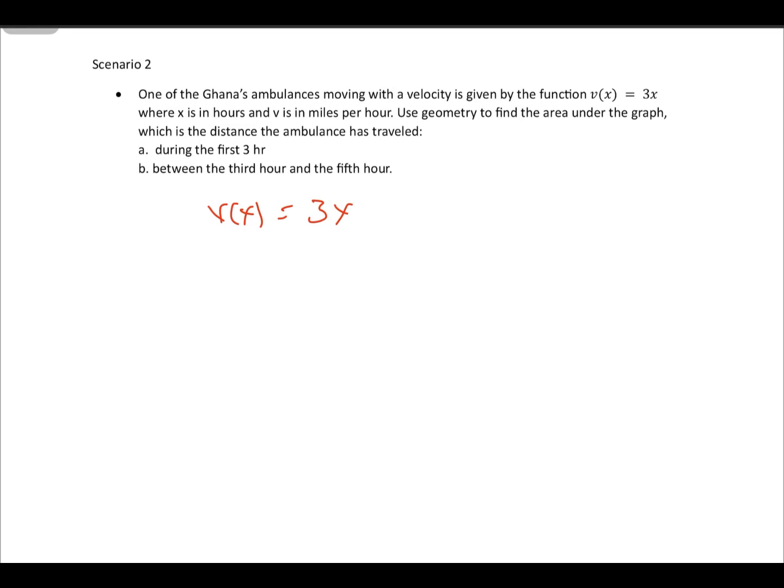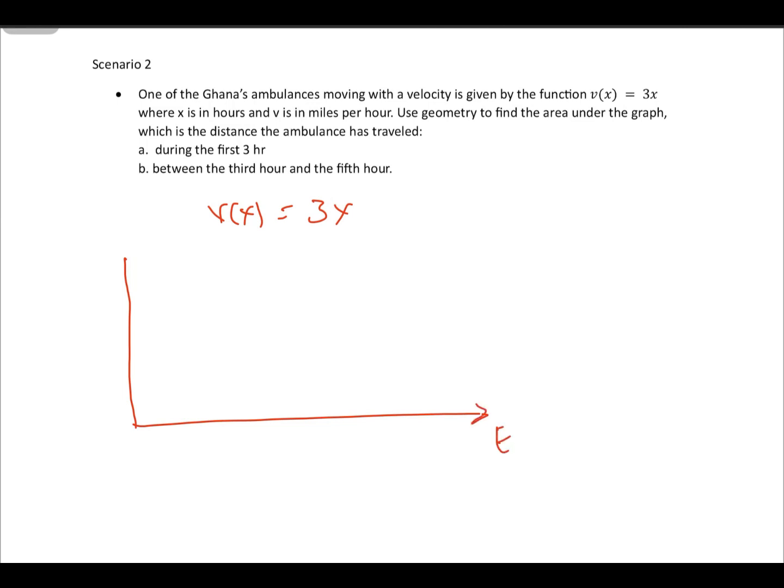We have been given the function, which is the velocity of the ambulance, v of x equal to 3x, where x is in hours and v is in miles per hour. So using geometry for this, we can get a clear overview by sketching a simple graph.